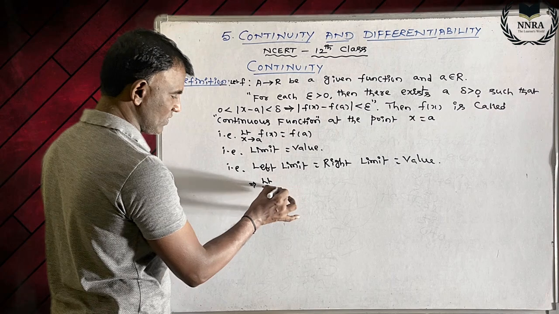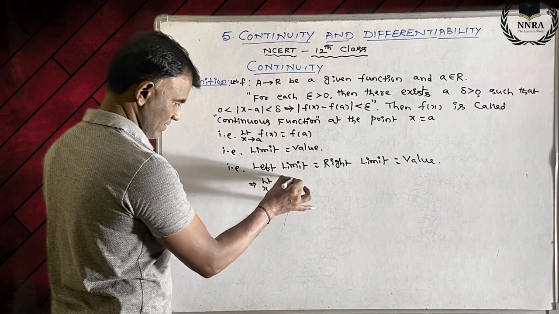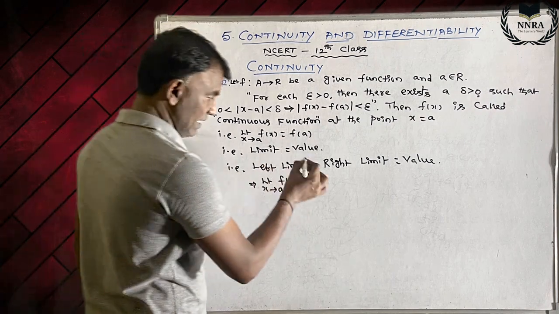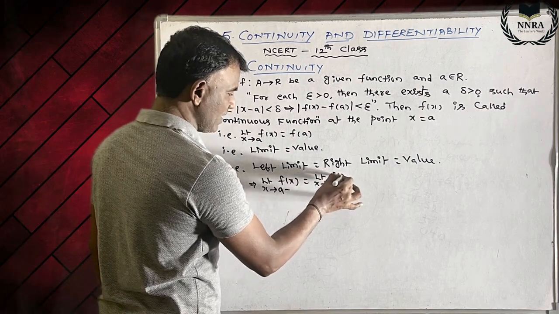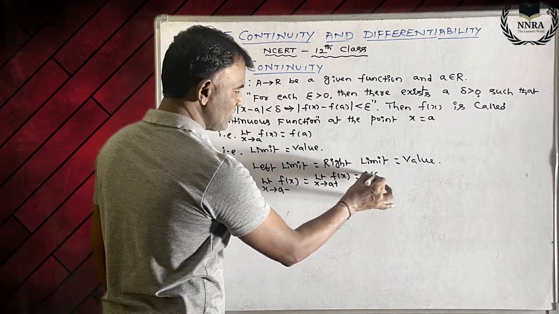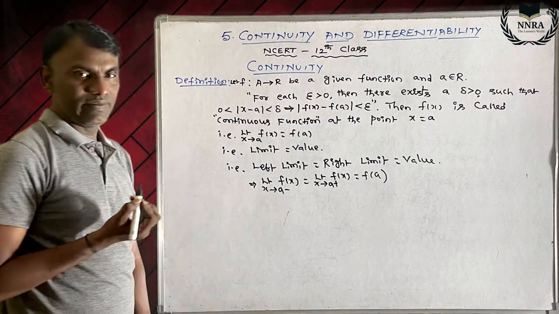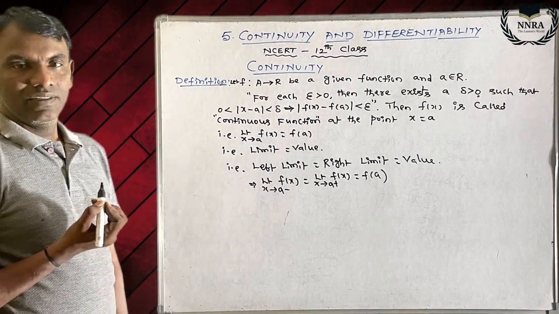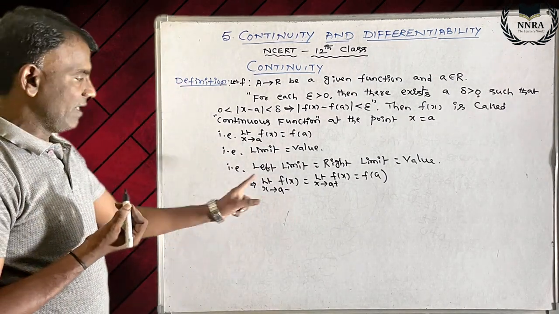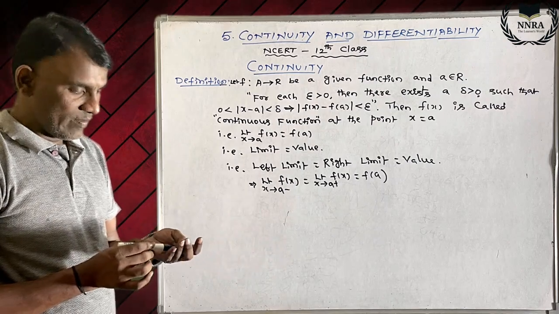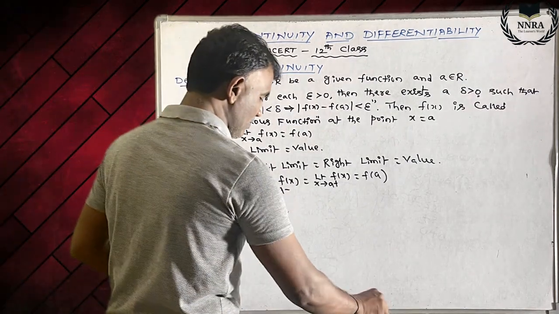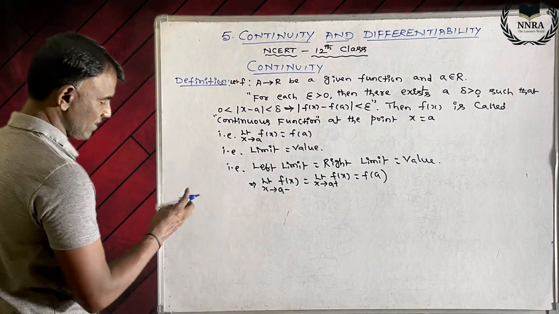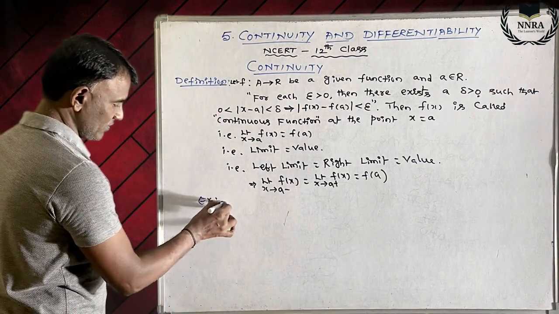Limit x tends to a minus of f of x, and coming to right limit, limit x tends to a plus of f of x equal to value, meaning f of a. Okay, so when we find left and right limits and when we find the limit and value, let's take this example. So here this is the first example.